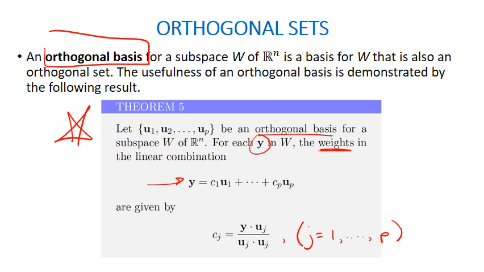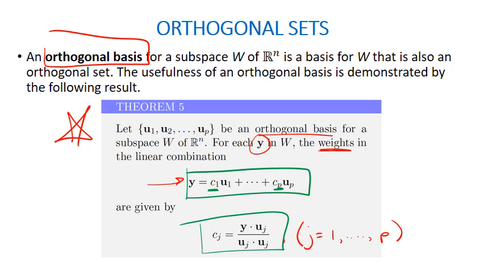In other words, we can represent y as a linear combination where the weights are found by this formula. It depends on how many vectors there are in order to determine how many terms there are. And this is how we will approach it.